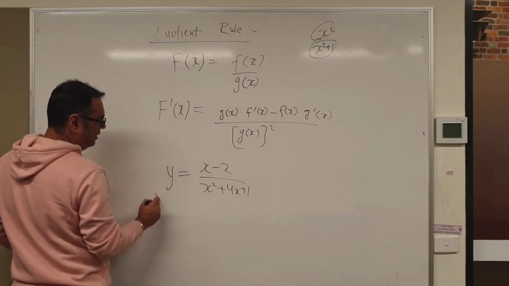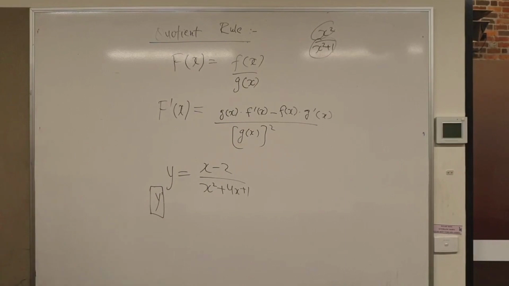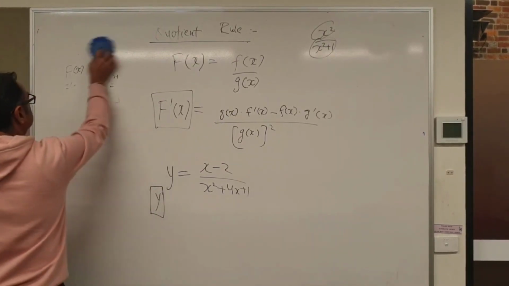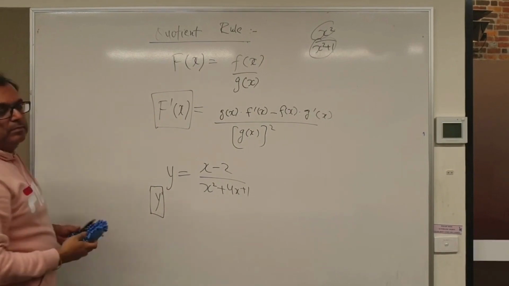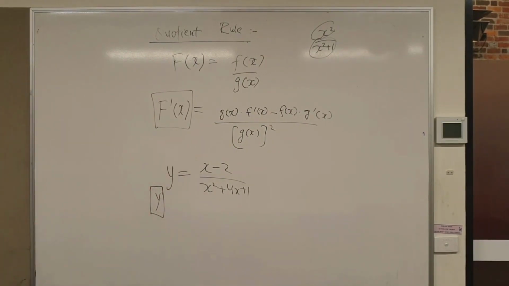Quickly, can you find me the y dash? Tell me, what's the answer? Negative x squared plus 9 over x squared plus 4x plus 1 whole squared. Oh, good. Oh, is it?